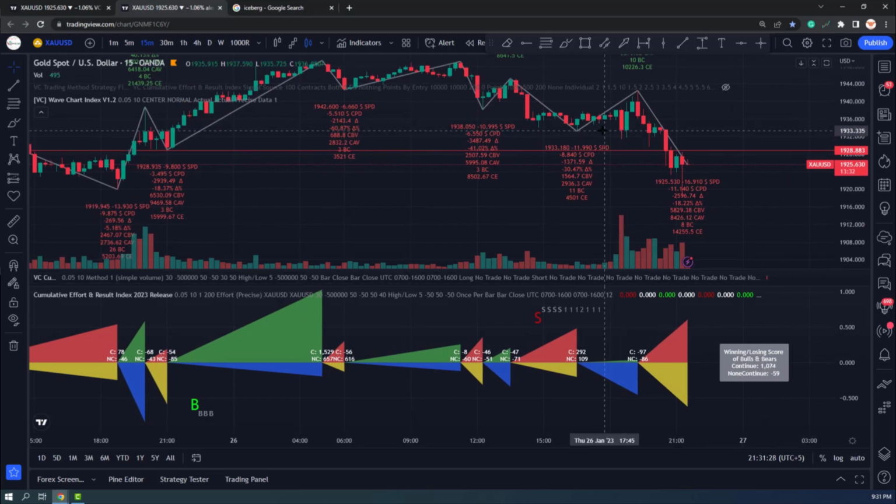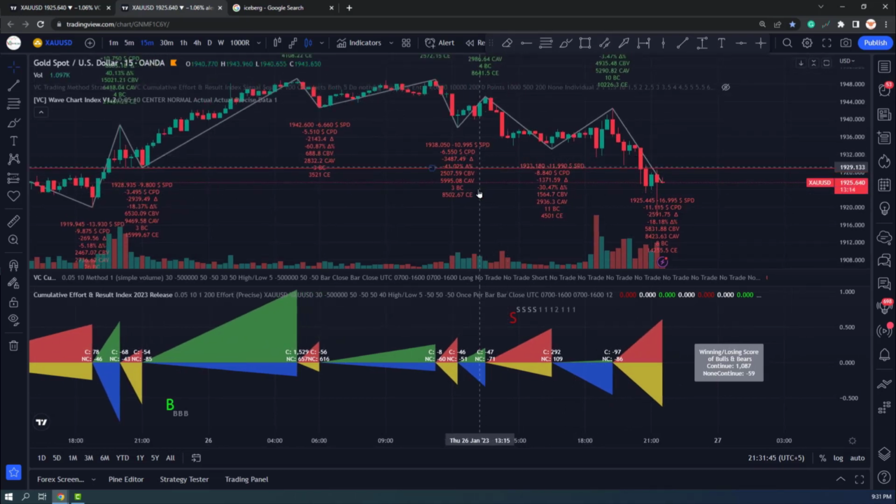Let's try to predict the recent move with the help of cumulative effort and result index only. Let's compare these waves to each other and see how it's providing us the clues and a good idea of the next move of the market.